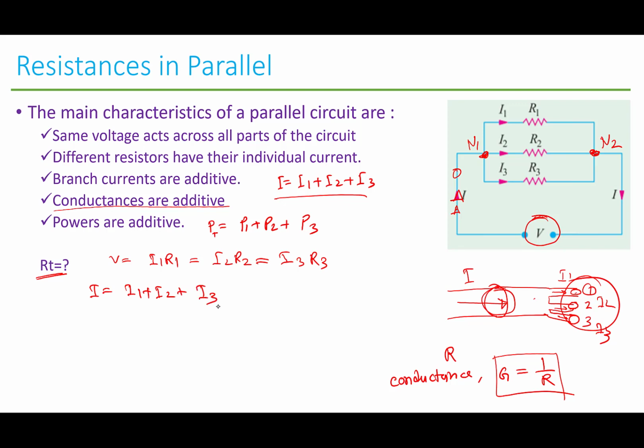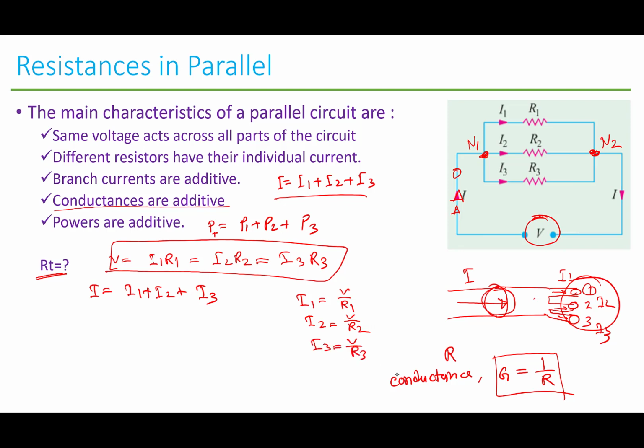From this we get I1 equals V over R1, I2 equals V over R2, and I3 equals V over R3. So I equals V over RT.